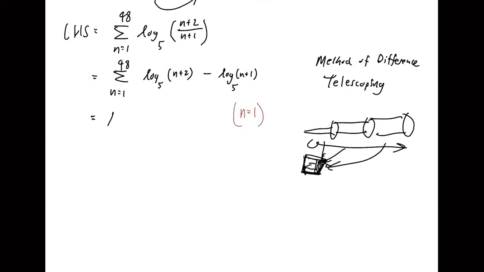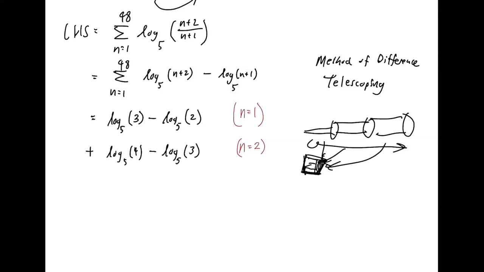Substitute n equals 1, then you get log base 5 of 1 plus 2, which is 3, minus log base 5 of n plus 1. In this case, it's 1 plus 1, which is 2. And it's a summation, so we plus the next term. Increment n by 1. So n is now equal to 2, sub in n equals 2. So we get log base 5 of 2 plus 2, which is 4, minus log base 5 of 2 plus 1, which is 3.